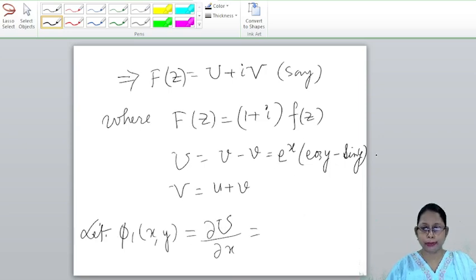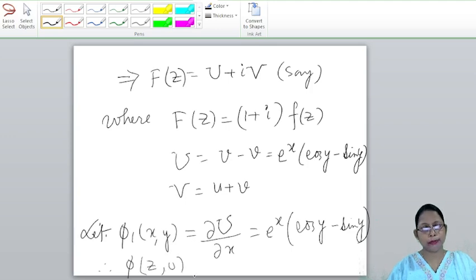That is partial differentiation of this with respect to x treating y as constant, so I will get e to the power x (cos y minus sin y). Now put x equal to z and y equal to 0 to apply the Milne-Thomson method.